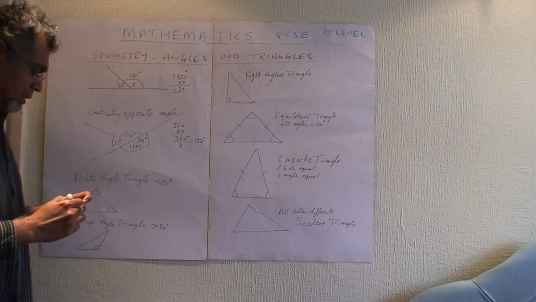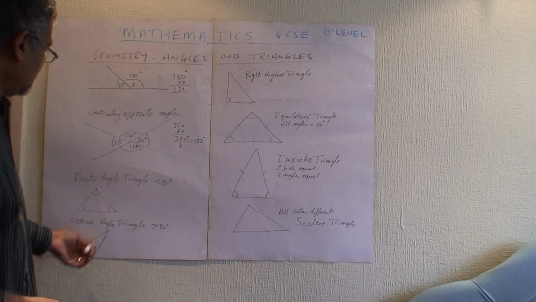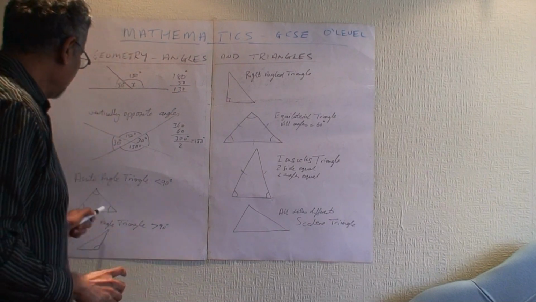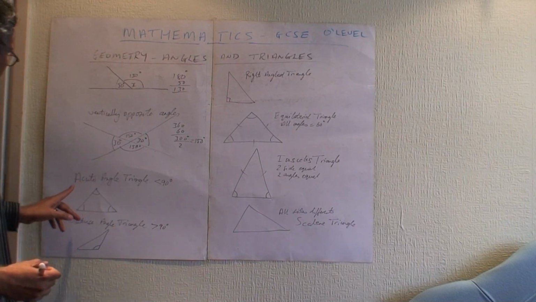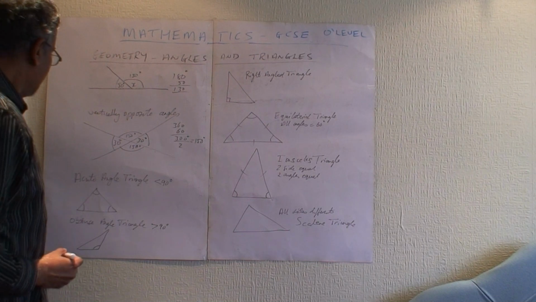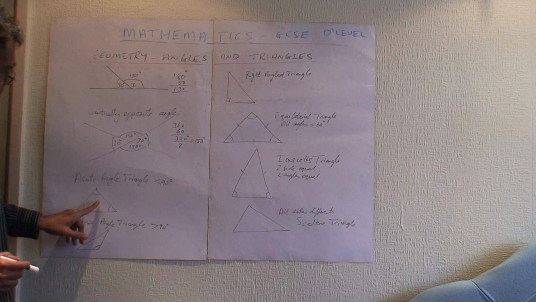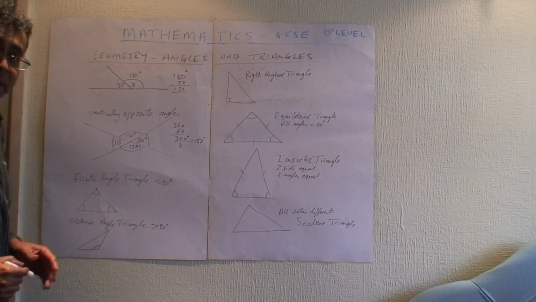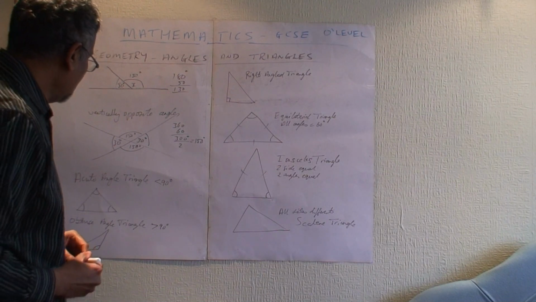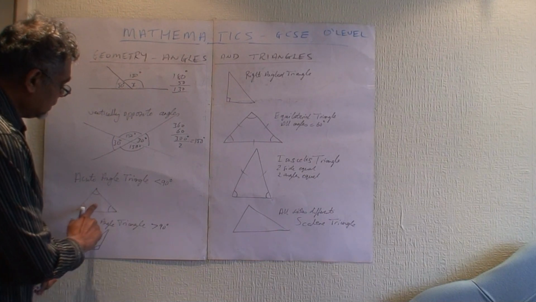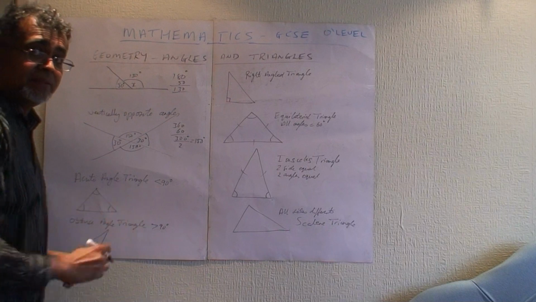Now here we have a number of different triangles. We call this triangle an acute angle triangle, and the reason is that all the angles are less than 90 degrees.